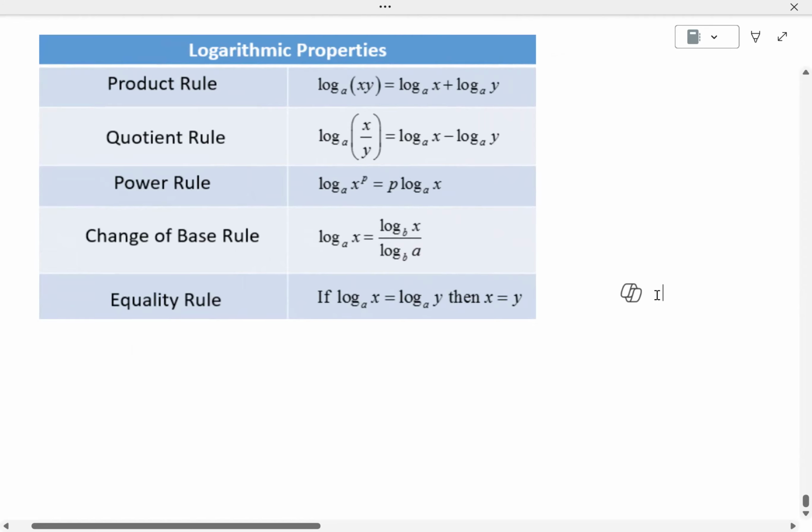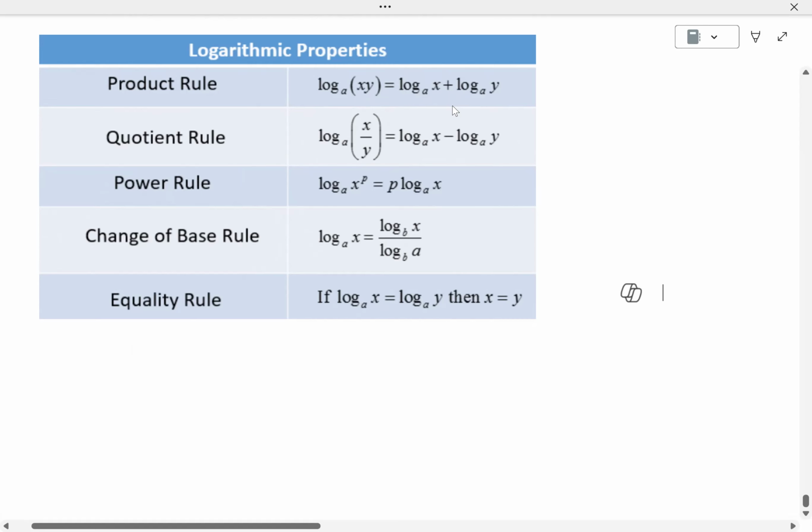We have the product rule, which says that when we have the product of two items within the argument with the same base, we can then rewrite the logarithm as addition. So we can write it as two separate logs being added together.